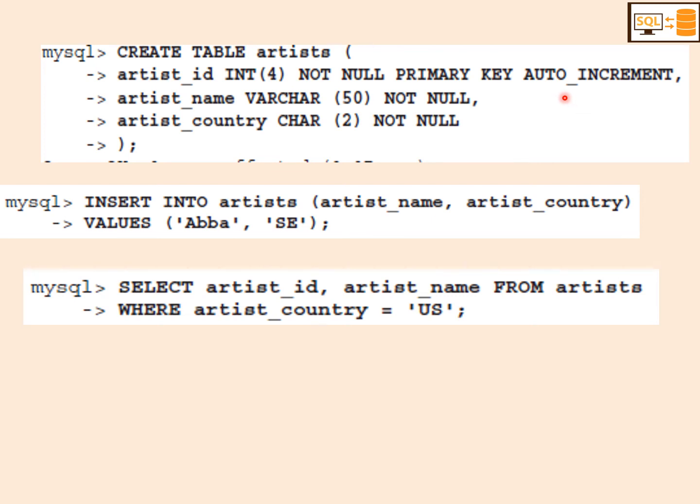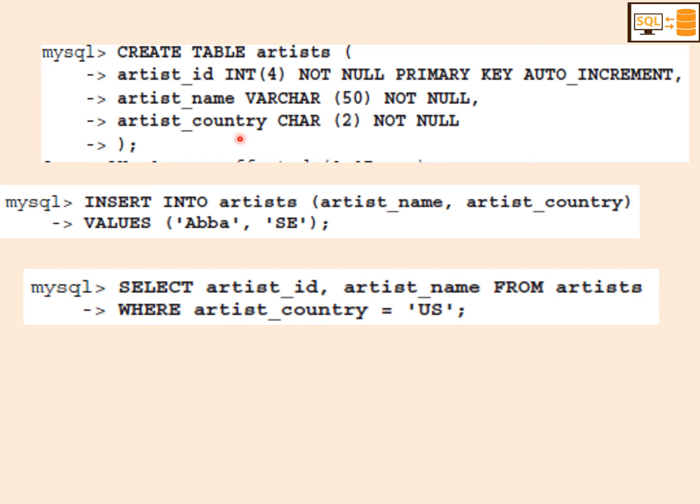Likewise, the second column: artist name varchar of 50 not null. The second field deals with the name of the artist, which can take a maximum of 50 characters. Here also we cannot specify null values, so that should be a must field. Then artist underscore country char of 2 not null.